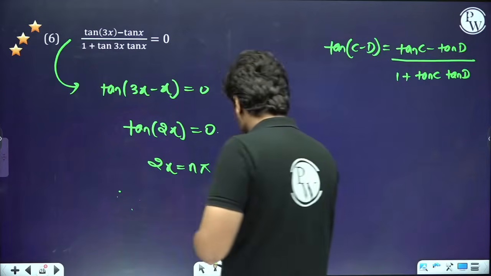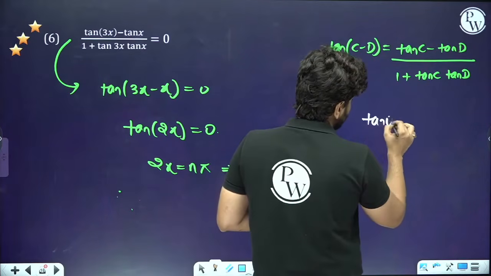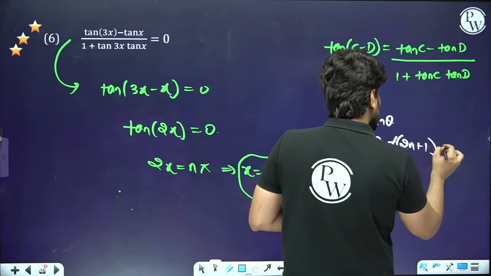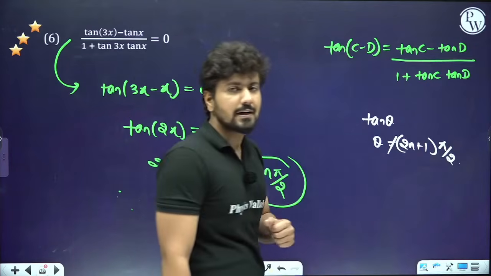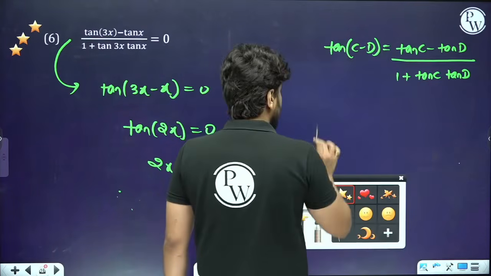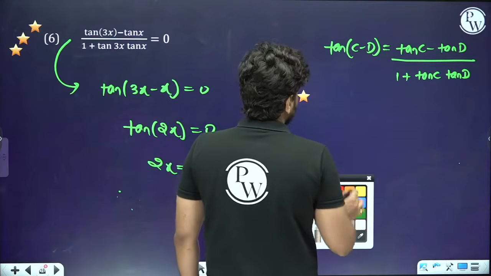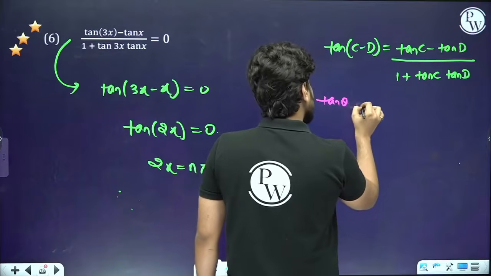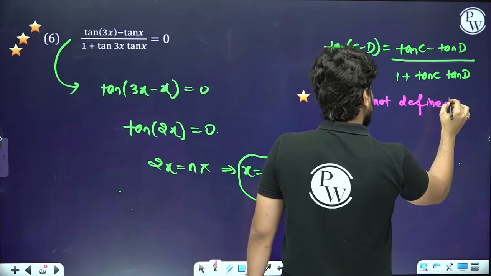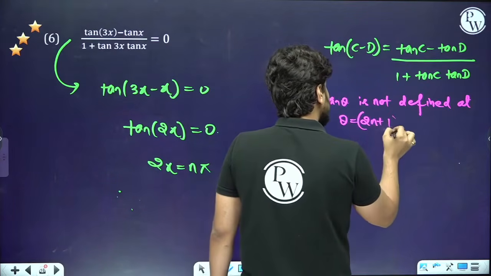I hope all of you know that in tan theta, theta cannot be equal to odd multiple of pi by 2, because there tan theta is not defined. So you can write it like this, that tan theta is not defined at theta is equal to 2n plus 1 times pi by 2.